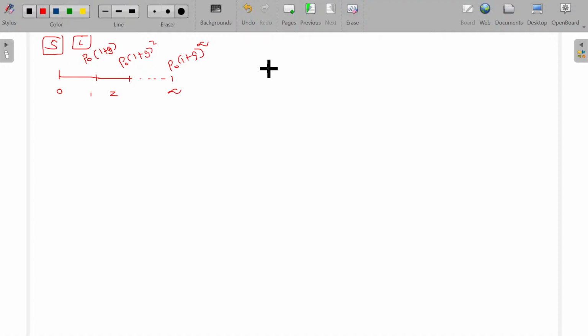So S is equal to P0 into 1 plus g, or simply P into 1 plus g for the first year. To make the present value, you have to divide this by 1 plus i. Rather than putting this value this way, in order to make it familiar, I put that value in the denominator.